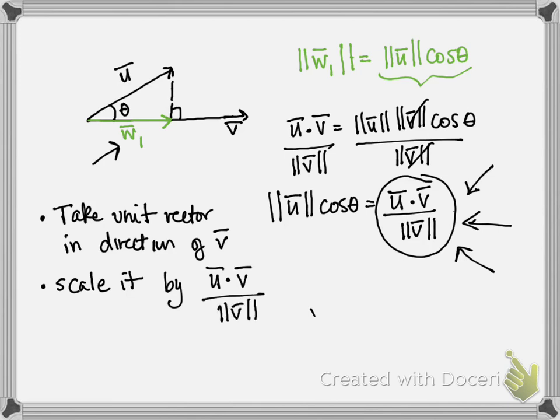Now, instead of having length 1, which is what a unit vector has, it has this length, and it's going in the same direction as v. So that is exactly the vector W1. Okay, so that's what I'm about to do. All right, so next page.